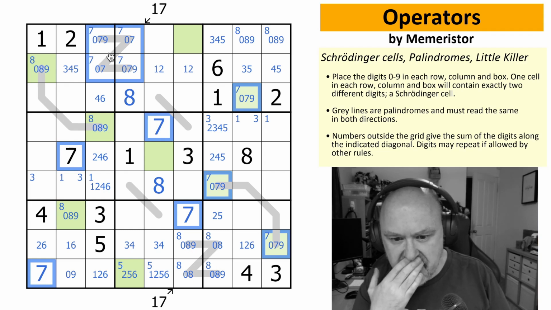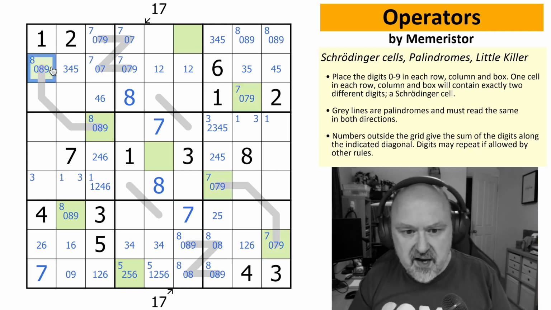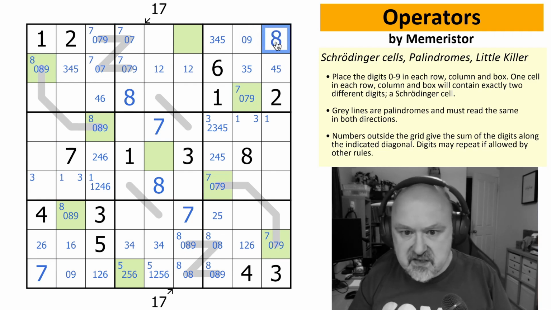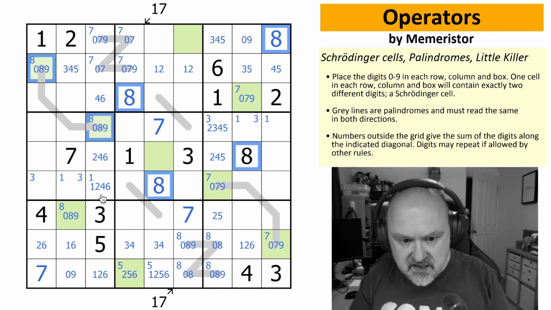I don't think so. We've got 8, 8. Hang on, I can't put an 8 there. This is an 8. So I've got 8, 8, 8, 8, 8, 8, 8, and then I've got the same here.